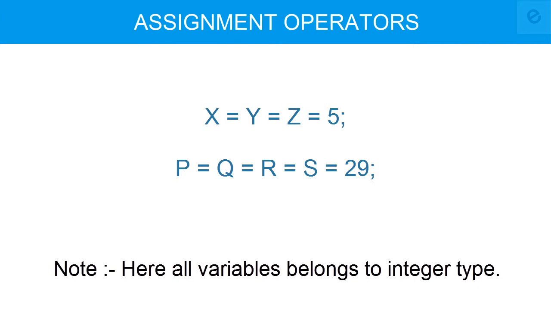Hence the value of x is 5, the value of y is also 5, and the value of z is also 5. In the next line it is given that p equals q equals r equals s equals 29. It states that p, q, r, s, all the variables have the same value 29. This is the multiple assignment.